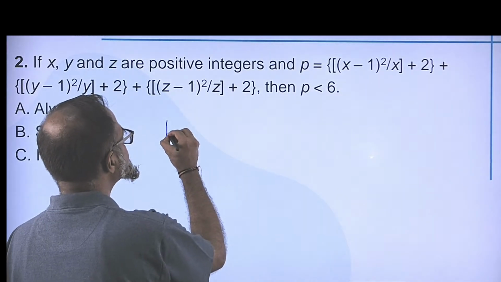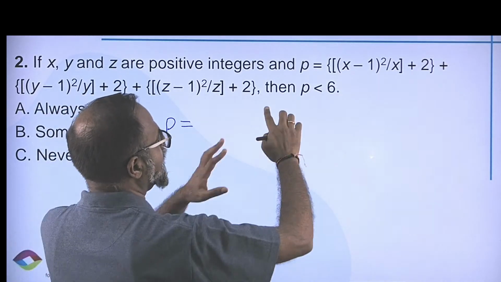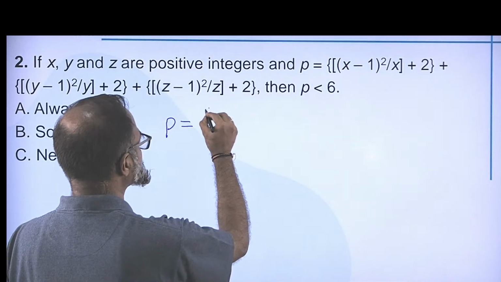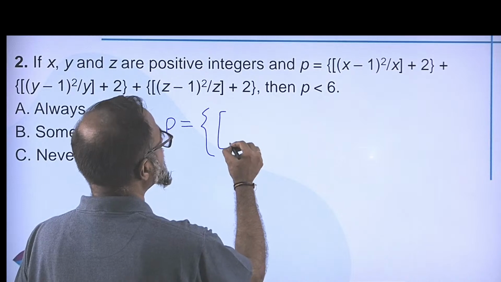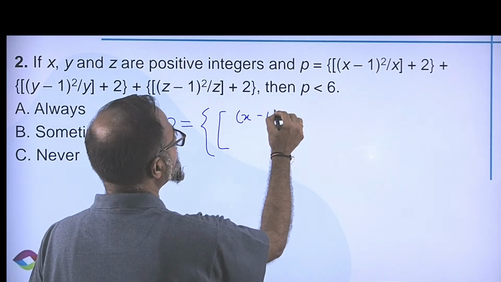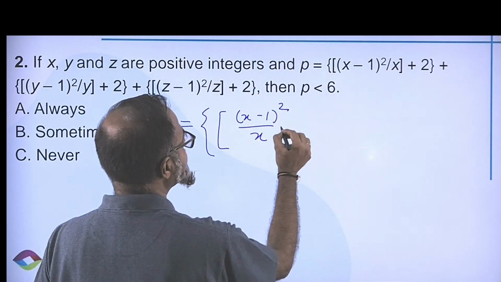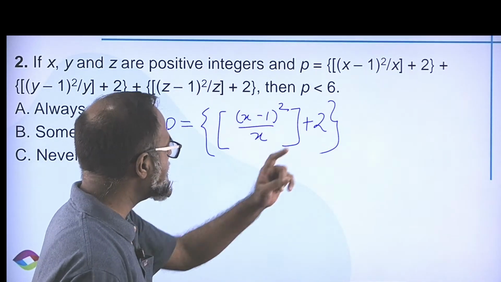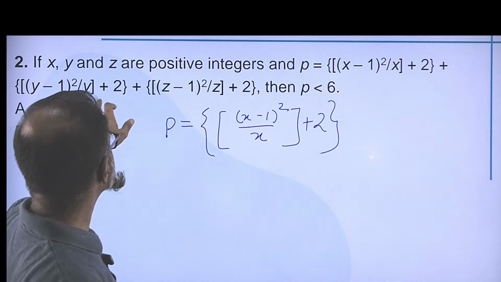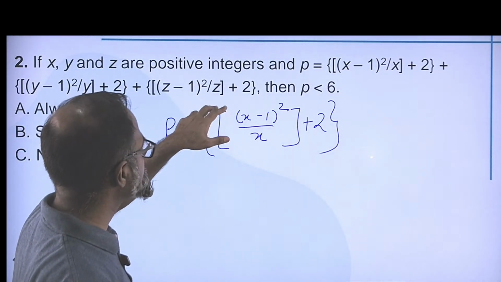Now p, it is given, is equal to, and this looks complicated but it actually isn't. It says this is equal to x minus 1 the whole square upon x plus 2, plus y minus 1 the whole square upon y plus 2, plus z minus 1 the whole square upon z plus 2.